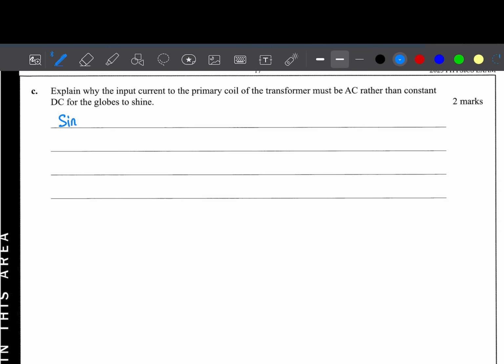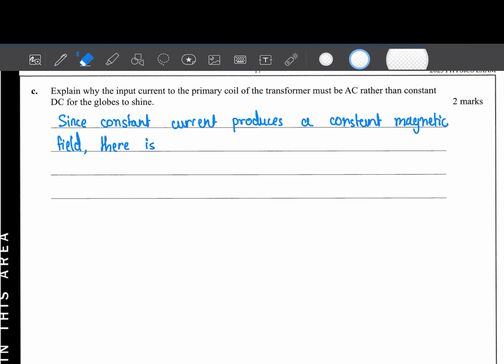Right, okay, so since constant current produces a constant magnetic field, there is no change in magnetic flux.